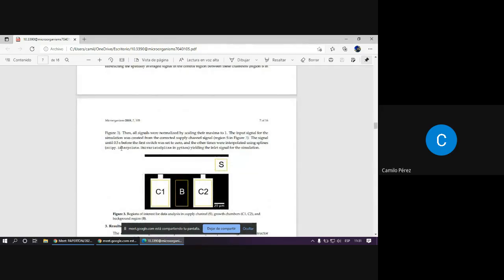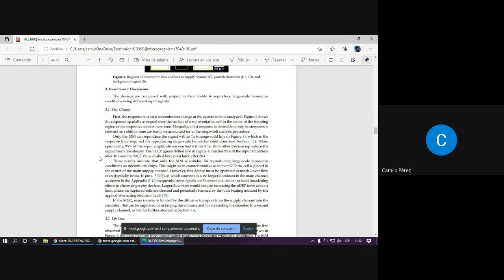You can see in figure 3 how the channel is, and after that the cells inside are trapped in different chambers.